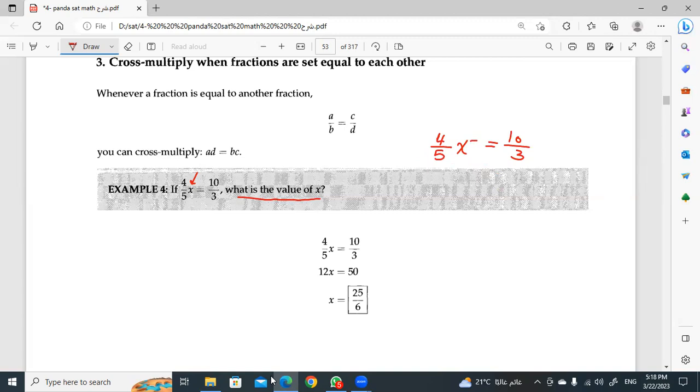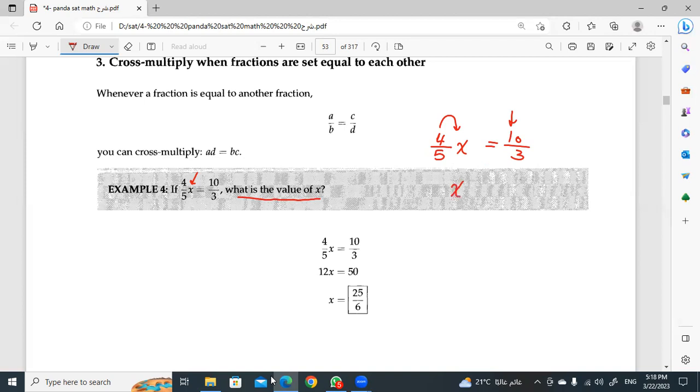It's just a number multiplying by the number I'm searching for, equals a number. So simply, everything downward I will move to the other side upward, and everything upward in the left-hand side I will move downward.